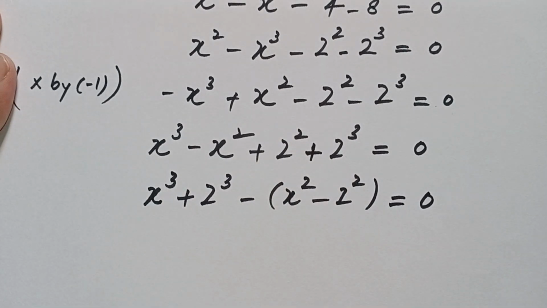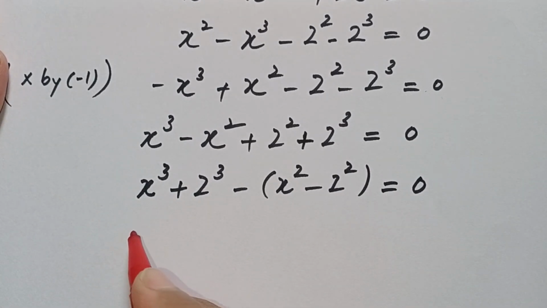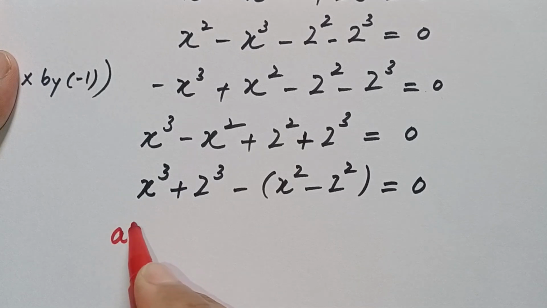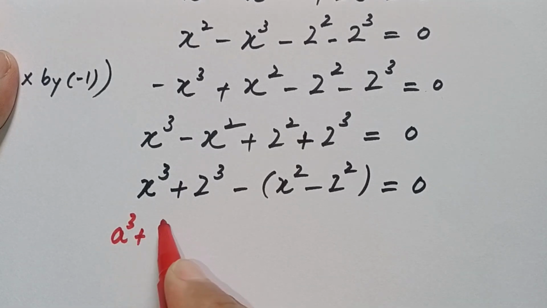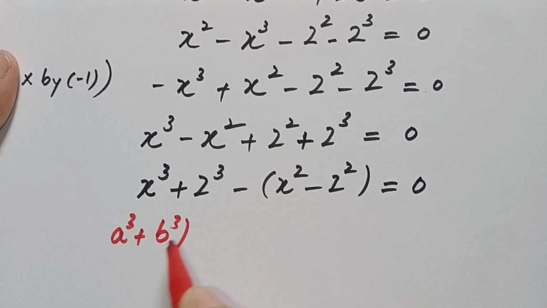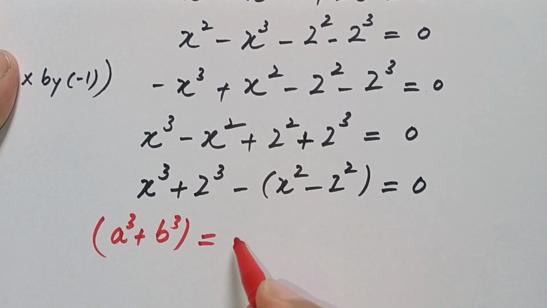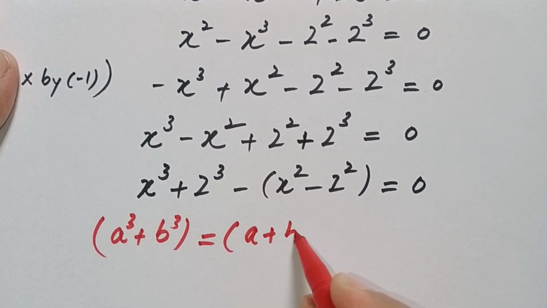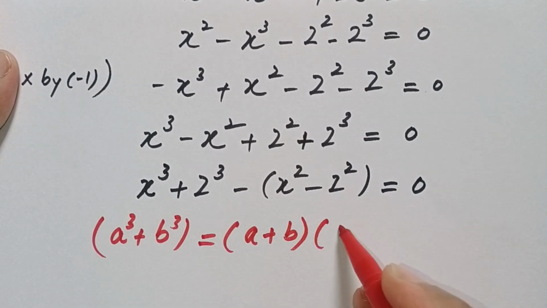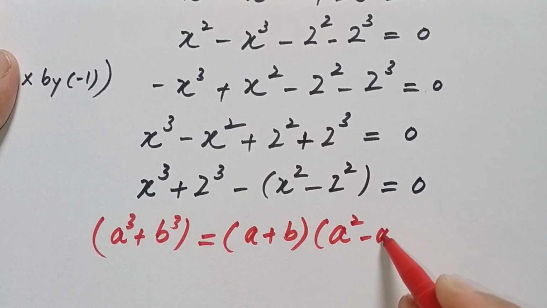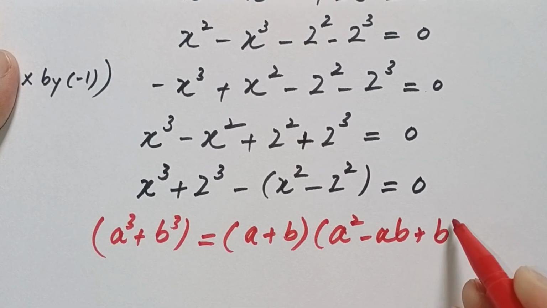So here we have the sum of cubes and the difference of squares. We are going to use a very well-known identity. The well-known identity is a cube plus b cube. It can be written as a plus b times a square minus ab plus b square.